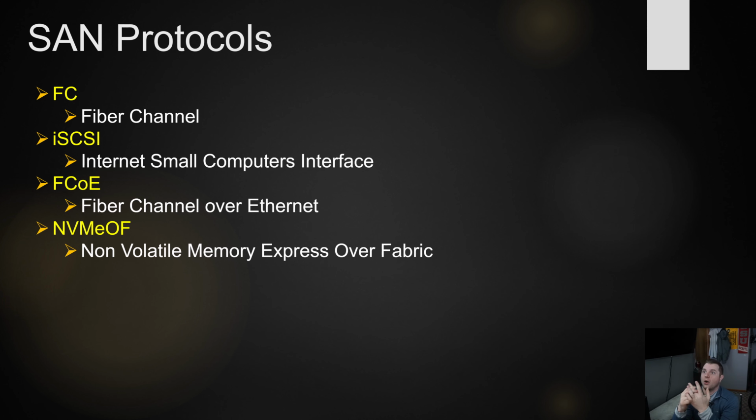Fiber Channel over Ethernet: you're sending the Fiber Channel protocol over Ethernet. NVMe over Fabrics, I haven't seen this used in practice. It's got to be done somewhere, but it exists. You need to know that these protocols exist.